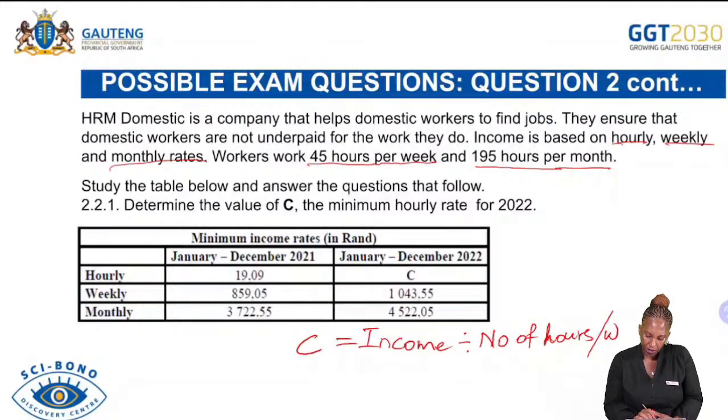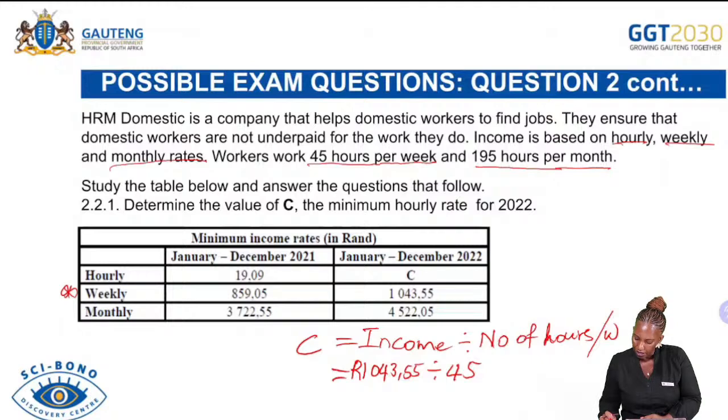Now, how many hours per week? 45. Because we are just using the weekly as an example to see if we will get that amount, we say 1,043 rand 55. We divide it by the number of hours, 45.